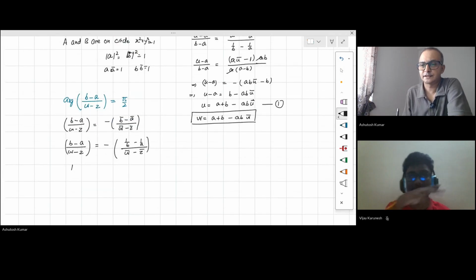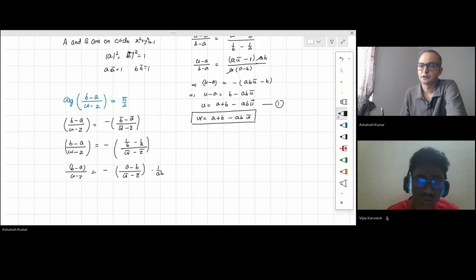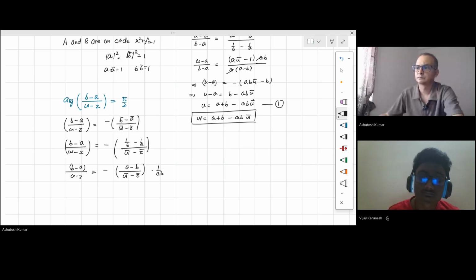So you notice that this is going to be B minus A, W minus Z. And this is minus of A minus B by 1 by AB here. And this is W bar minus Z bar directly with a minus sign.